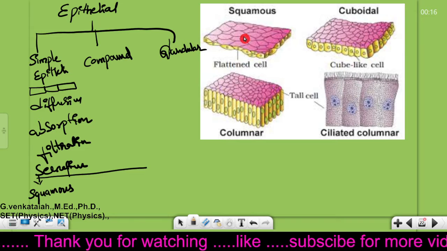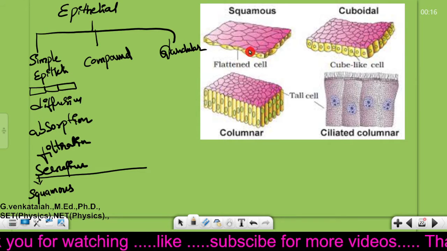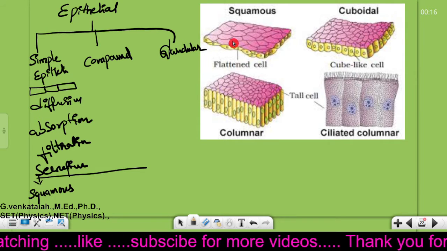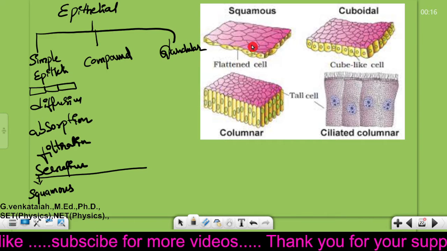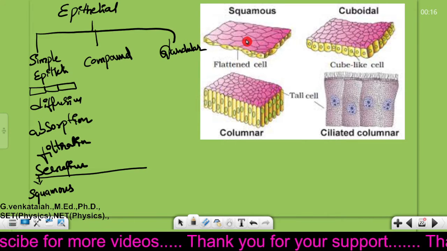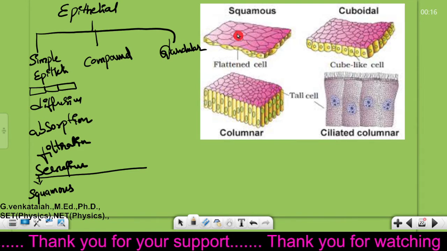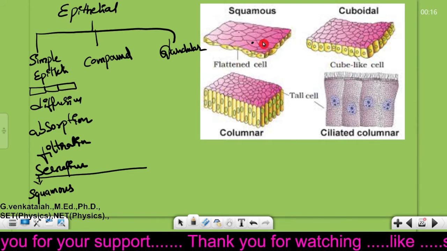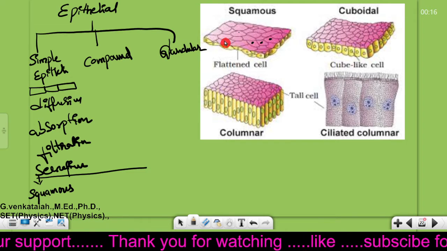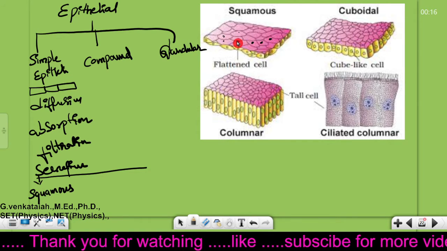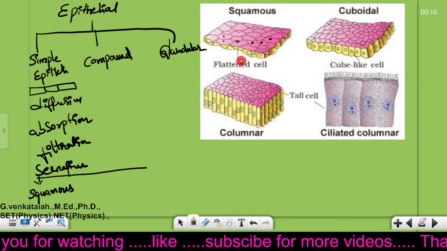Here also the cells form a single layer, but the cells have a flat, tile-like structure. Each cell has an oval-shaped nucleus.